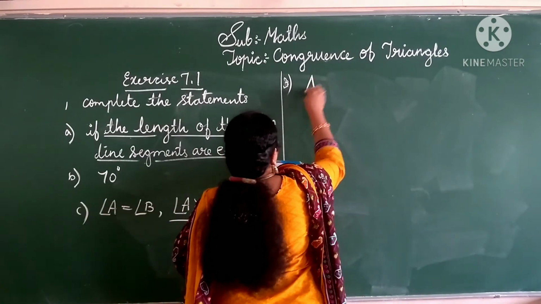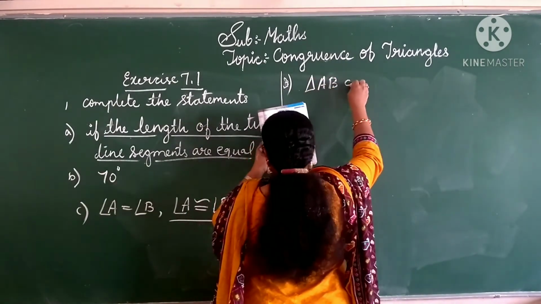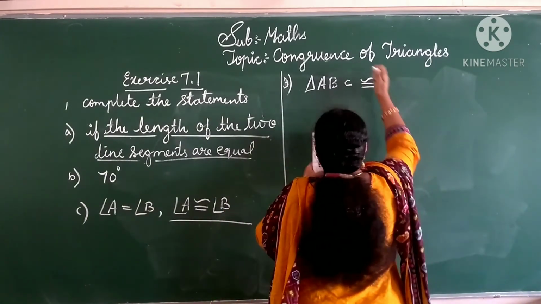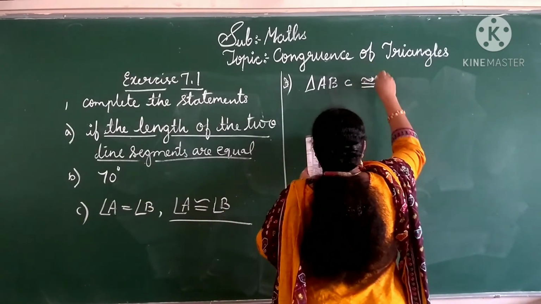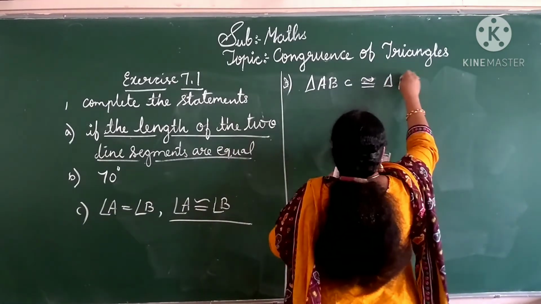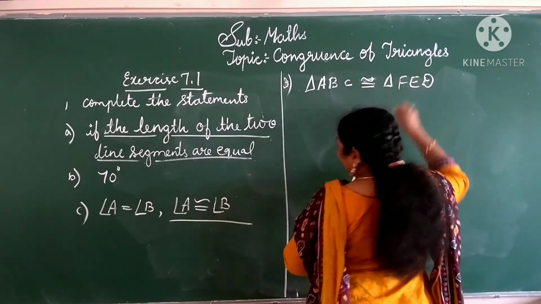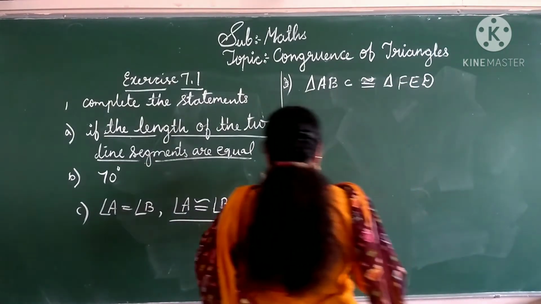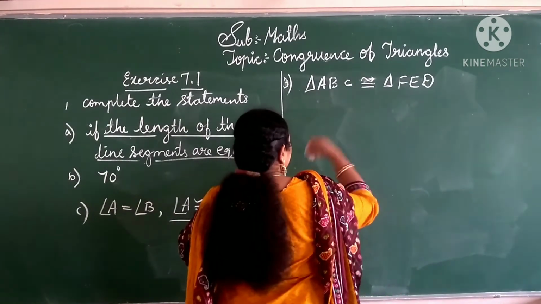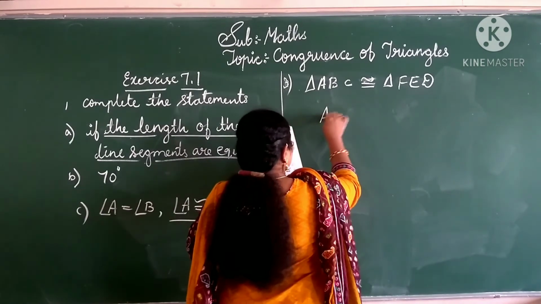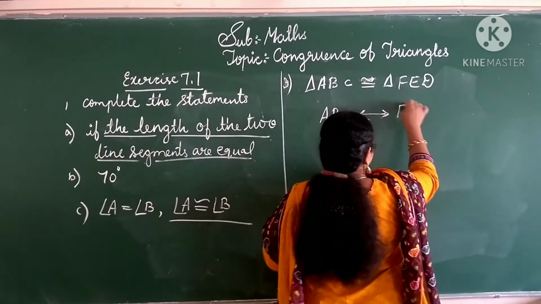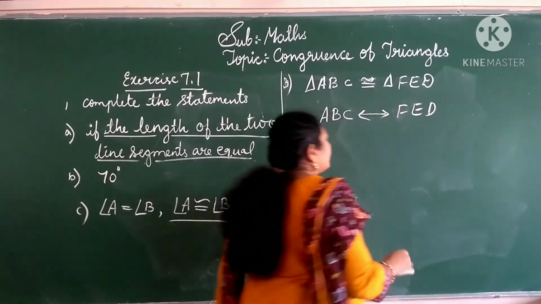So here let us take the triangle ABC congruent to triangle FED. So let us take two triangles. If these two are congruent, then obviously we will get the corresponding angles, isn't it? So corresponding sides and corresponding angles have to be found in this.